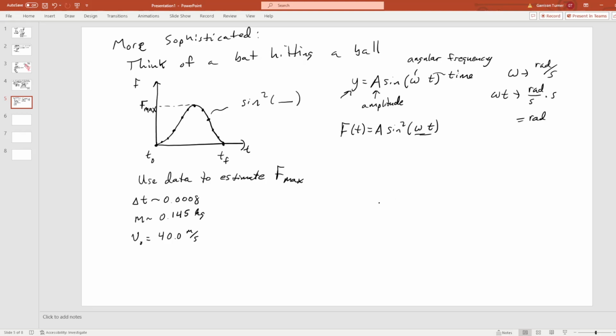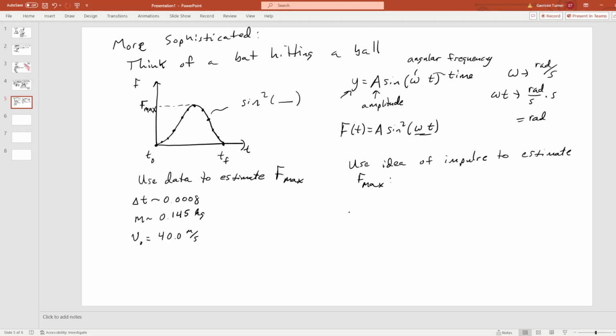So what we want to do is use this idea of impulse to estimate F max.